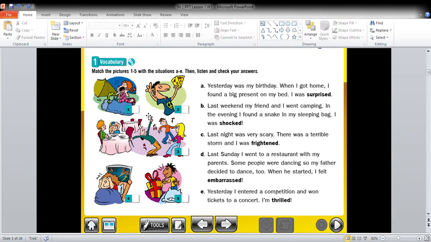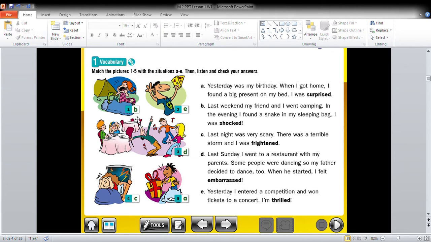So we are going to describe the pictures using the situations here. For picture number 1, what will be the situation? What happened? Picture number 2, what happened? Picture number 3, 4, and 5. So we are going to answer them.